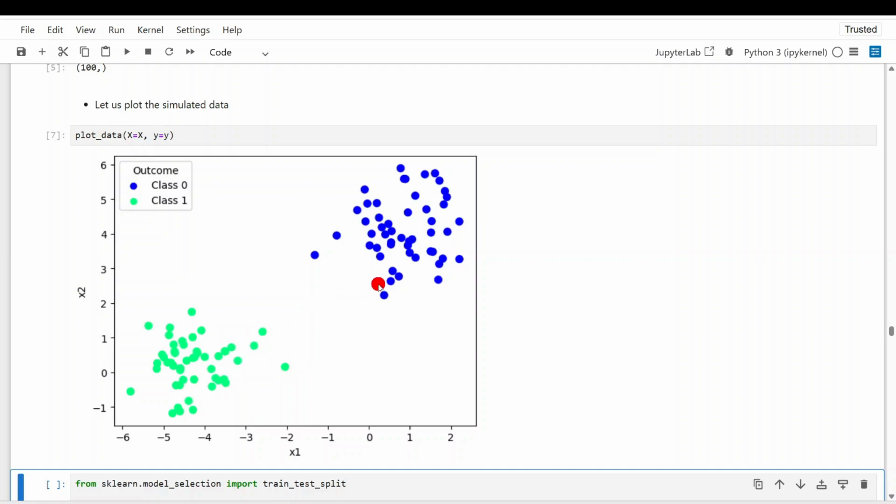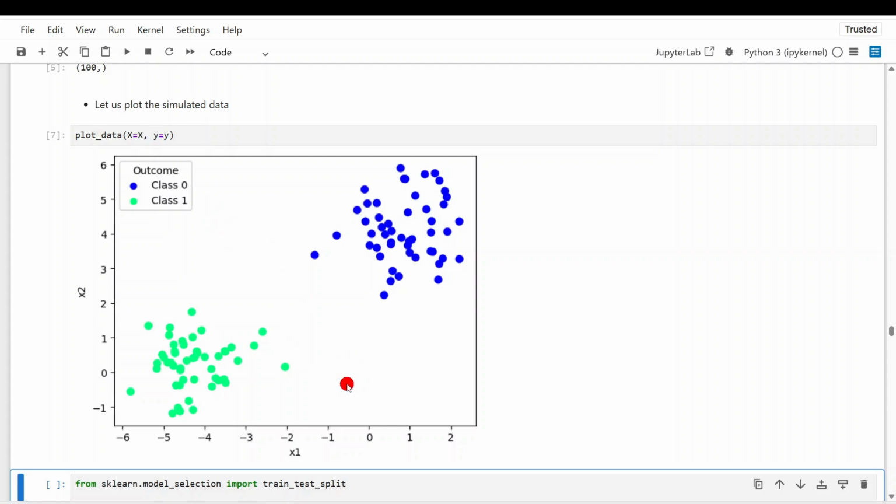Clearly, we can separate these 2 different classes, the points colored blue and green, using just a straight line. Such data is said to be linearly separable, because the data can be classified by a straight line, something like here.